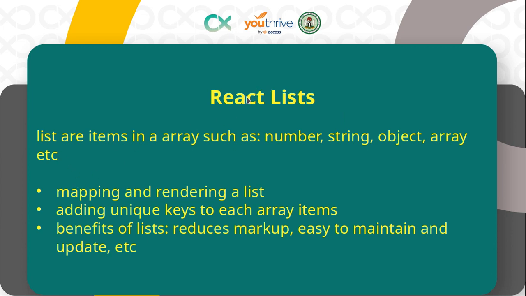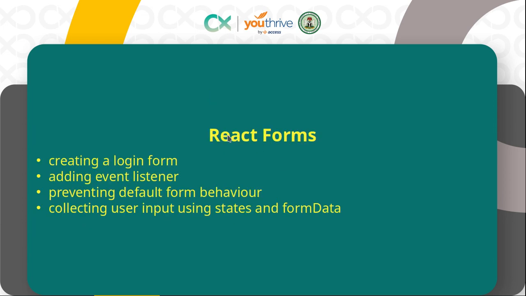So we'll be applying this concept now: the React list, the mapping and rendering a list, adding unique keys, benefit of links. Then React forms. If you have watched that video, you see how I did the React forms at first, then I was able to get the data, then later I used a third-party package called Formik to easily collect my data without using my useState.